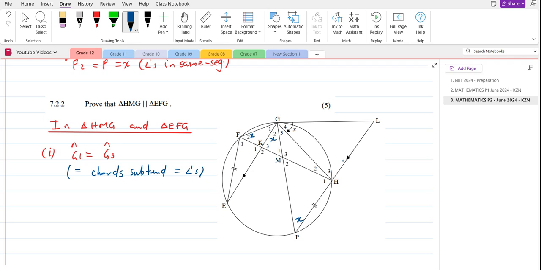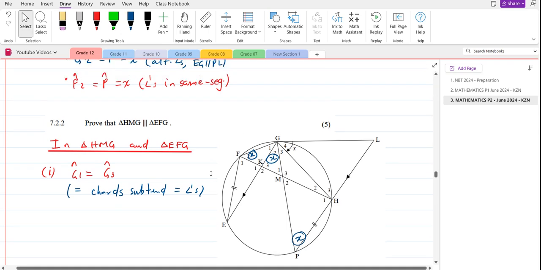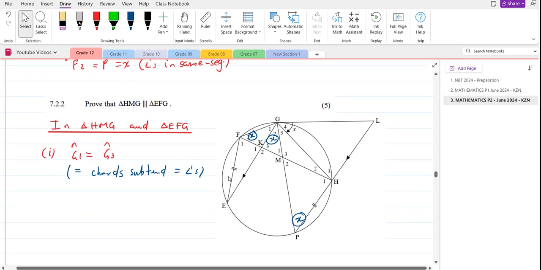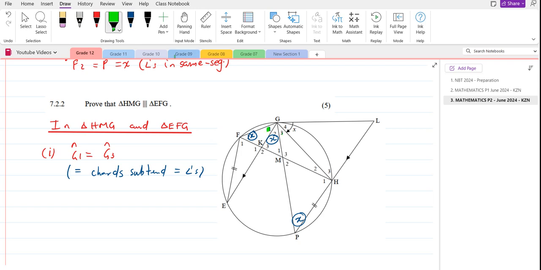That's the only information we have here, and we don't have any 90s and stuff. Alternate angles x, x, and x. We just have the three x's. We can say angle G1 is equal to angle G3 because of equal chord subtending equal angles. What else, guys? What else?